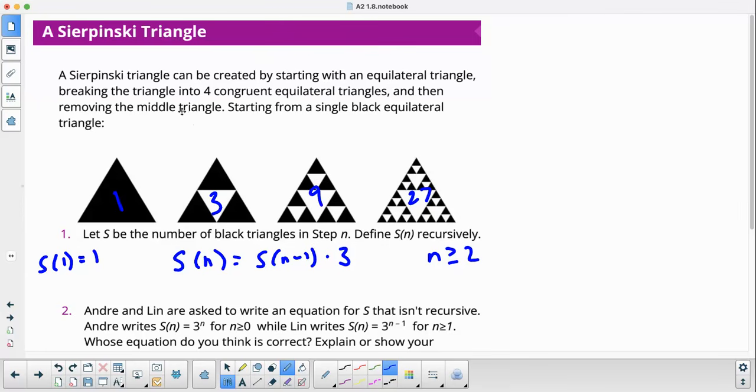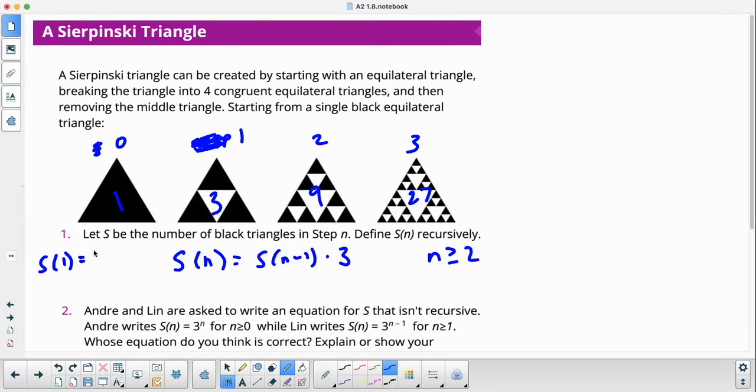The only other thing here is, depending on what you call step 1, some people might call this step 1 because you're starting with this triangle. So some people might call this step 0, and some people might call this 1, 2, and 3, because technically you haven't divided it yet. So some people might say S of 1 might equal 3.